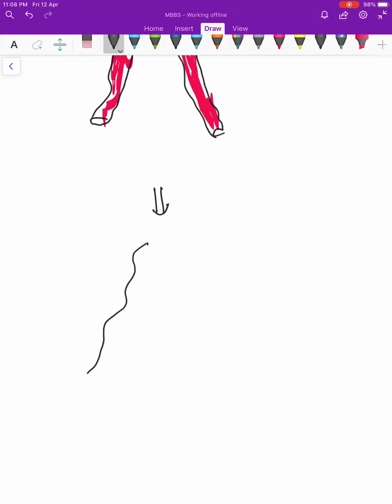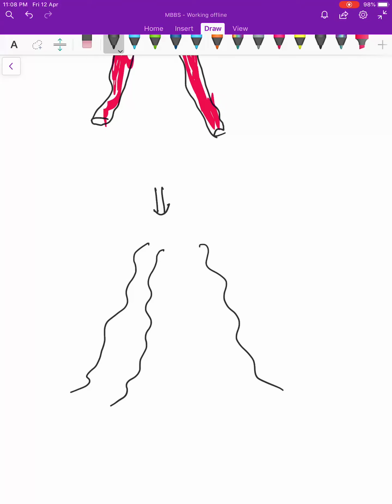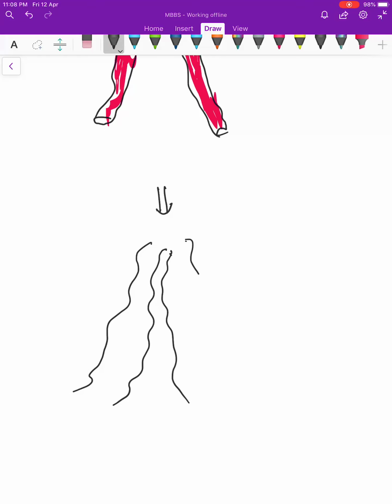Next, the fusion of the both-sided endocardial tubes occurs.